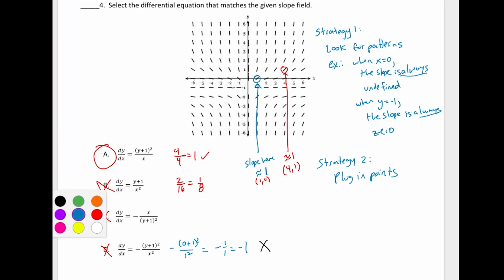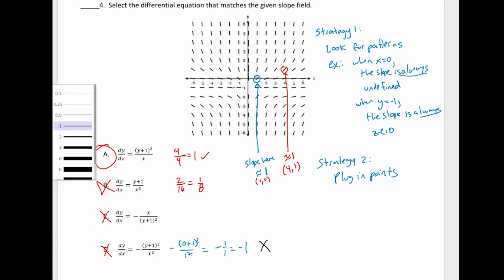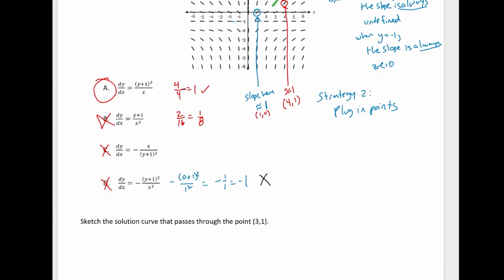There's a couple different ways that we can approach this. One way, if you really want to be super technical about it, and honestly, I don't think you need to go through the trouble on this kind of question, is now that we know the answer is choice A, you could solve for y like we have in the other separable differential equations, and just plot that graph.